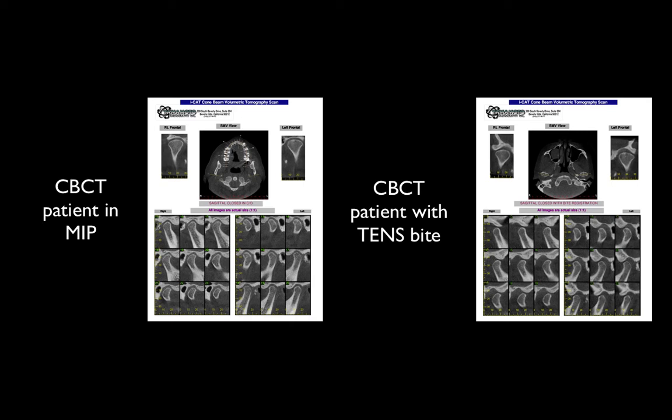The one on the left is her in her MIP. I apologize, my lab still calls it MIPCO, but you can see well-centered and seated condyles. The tensed bite registration was also given to the patient, and the patient was asked to insert that, and the CBCT was taken with that, and you can clearly see the condyles are now down and forward.